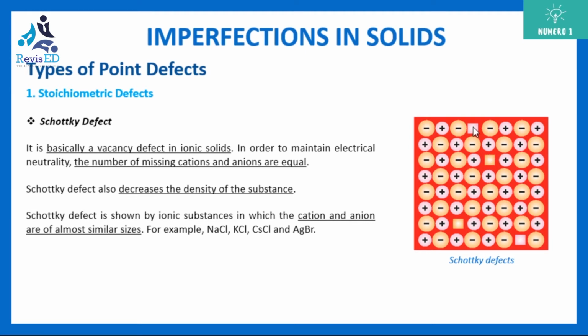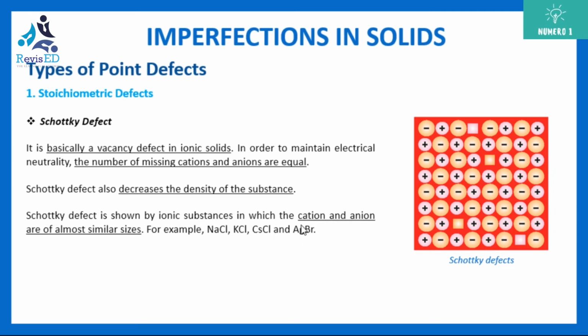So if two positive charges are missing, two negative charges should be missing, that is two anions and two cations. This Schottky defect decreases the density of the substance. This happens when cation and anion are almost of similar size. Examples: NaCl, KCl, CsCl and AgBr.